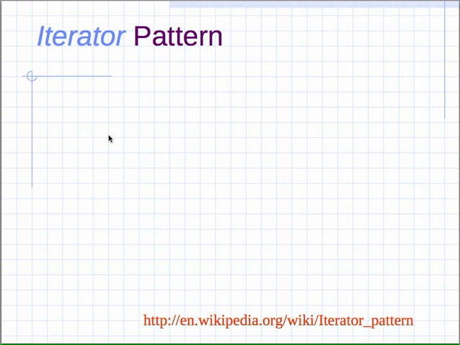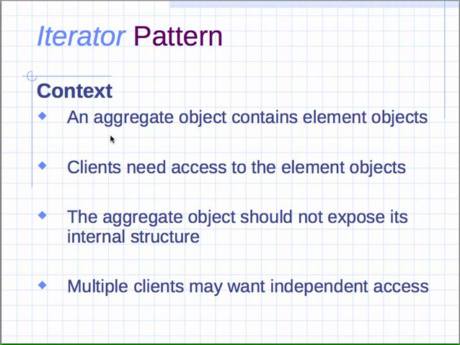So let's take a quick look at what this is supposed to do. What is the context for this iterator pattern? There is an aggregate object, let's say a list or something like that, that contains element objects, and clients that use this aggregate object need access to individual element objects. The aggregate object, however, should not expose its internal structure.